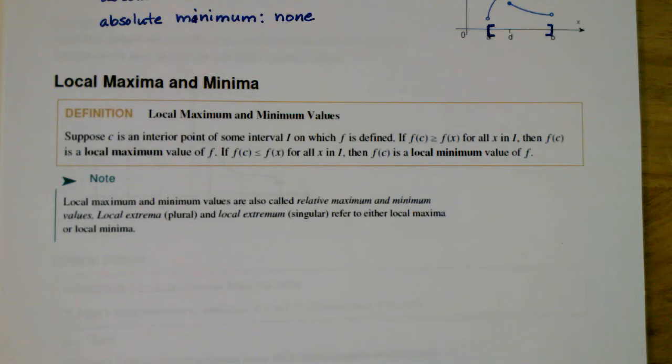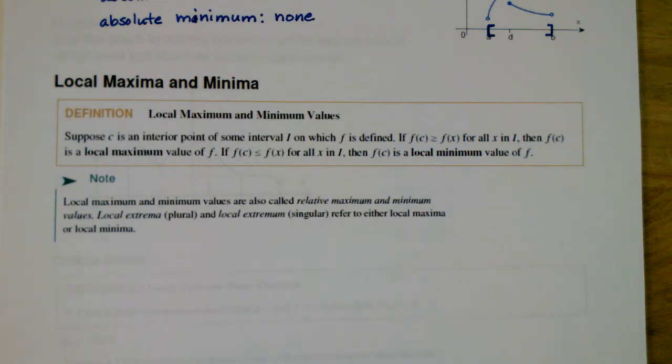And if f of C is less than or equal to f of x for all x in the interval I, then f of C is a local minimum value of f. Okay. Now here they use relative maximum and relative minimum as another way of saying local maximum and local minimum.